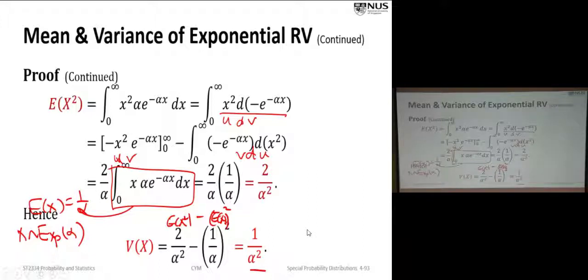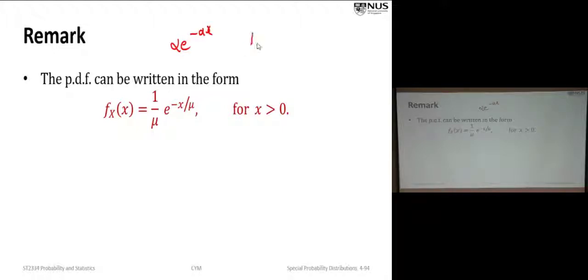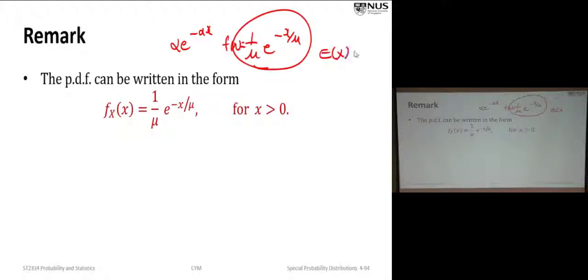Okay? Now, sometimes people will write this, instead of alpha e to the power minus alpha x, as 1 over mu e to the power minus x over mu. If you represent the density function like that, then the expectation of x is equal to mu. So the form may be different, but basically it's the same.